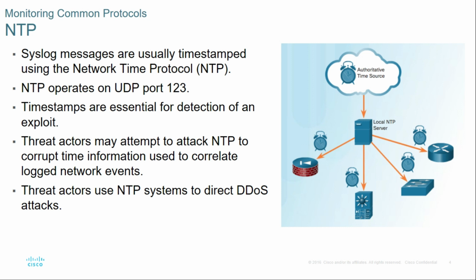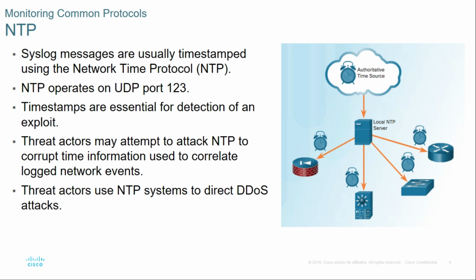Network Time Protocol: syslog messages are usually time-stamped using the Network Time Protocol, NTP. NTP operates on UDP, the User Datagram Protocol, using port 123. Timestamps are essential for detection of exploits. A threat actor may attempt to attack NTP.